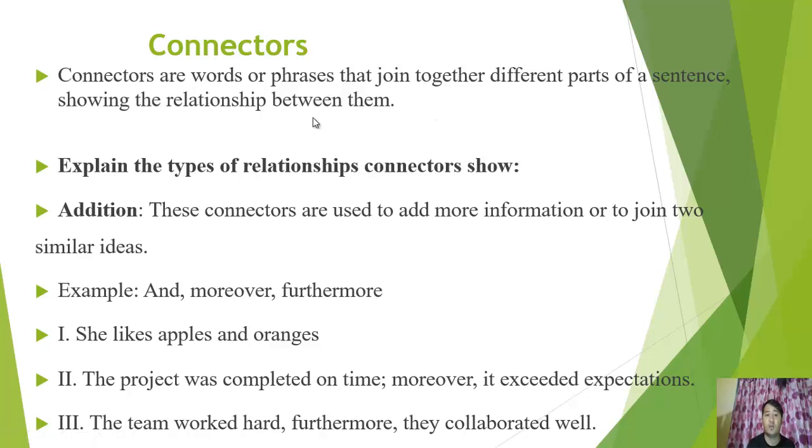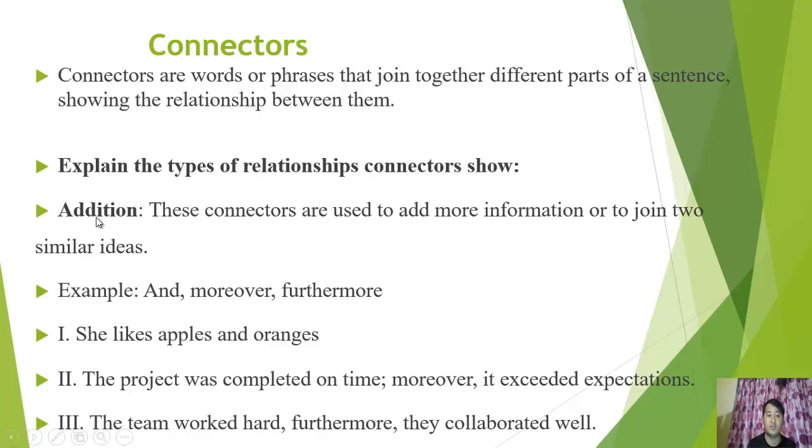I'm very sure that you already know this definition, and that you have used these connectors in your daily conversation and writing journey. Under these connectors, there are types of relationships that connectors show.